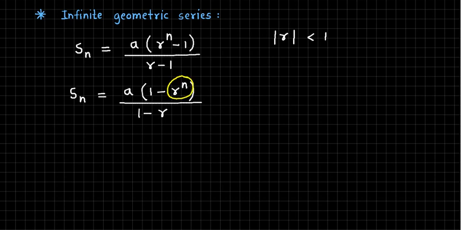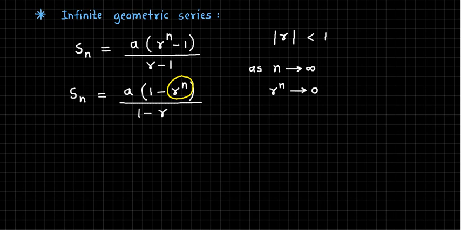Now as we are talking about infinite geometric series, it means that n, that is the number of terms, approaches infinity because we are taking infinitely many terms. So if n tends to infinity, we can see that r raised to n will tend to 0 because r is numerically less than 1, right?